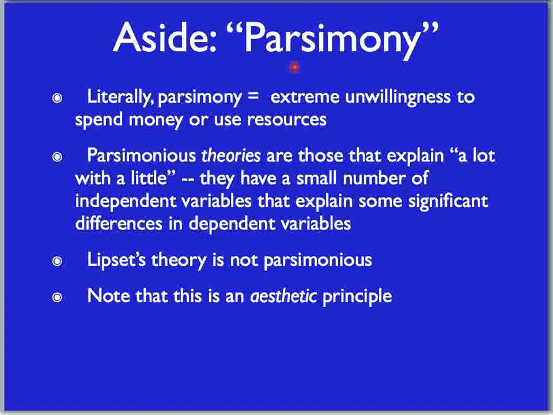Sometimes that's true, sometimes that's not true. Quantum mechanics, for instance, is much more complicated than Newtonian physics, but it is also much more accurate in many respects. So you can't say that a more parsimonious theory is always better than a less parsimonious one. That being said, it is a goal to which many people aspire.